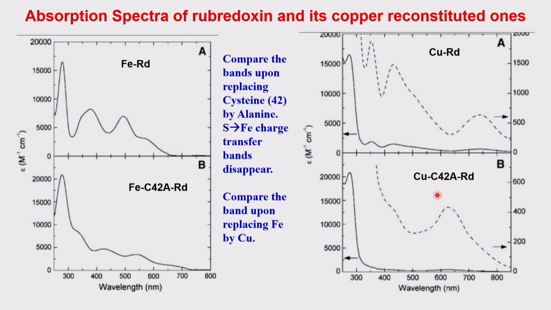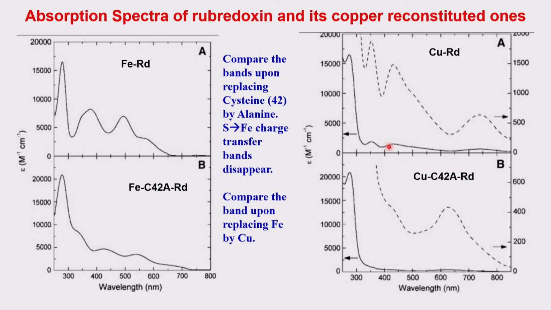Now in this case also, if I replace the 42nd cysteine, C stands for cysteine, 42 is the 42nd amino acid, and A is for alanine, the absorption band collapses because you are changing only one, but still some more cysteines are there. That is why you found this; otherwise you would not have found even that band. And this also has been diminished.